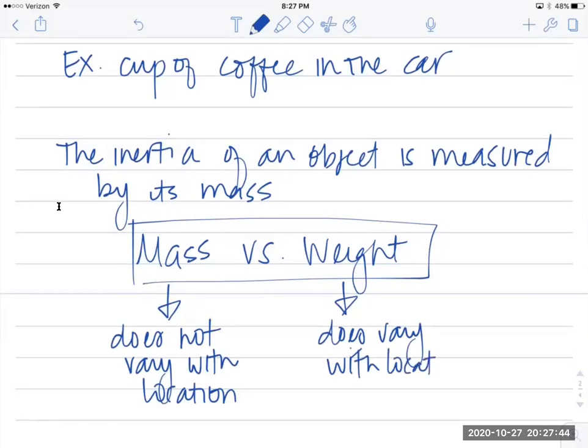What am I talking about here? The mass of an object is the same on Earth as it is in orbit or on the surface of the moon. It does not matter.